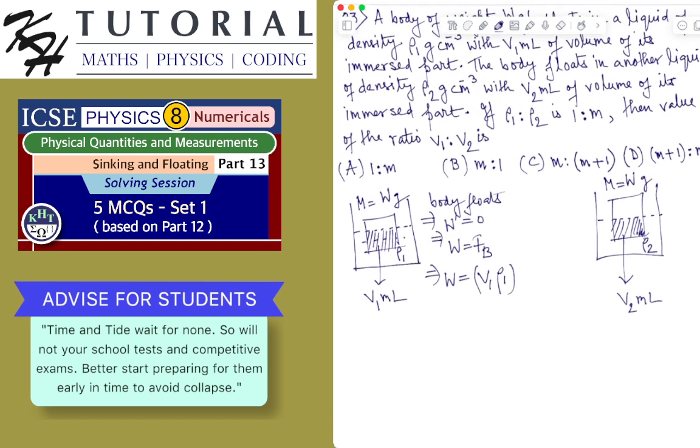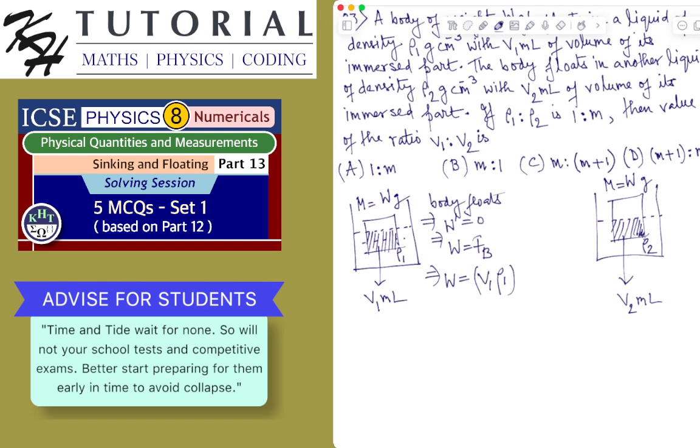Now for the second case, that is when the body is floating in the liquid of density rho 2, we will also have apparent weight equal to 0. This will imply that the weight of the body should be equal to the buoyant force. Let's say the buoyant force in the second case be Fb dash. Fb dash will be the weight of the displaced liquid, and that displaced liquid has a volume of V2 ml, so its mass will be V2 rho 2.